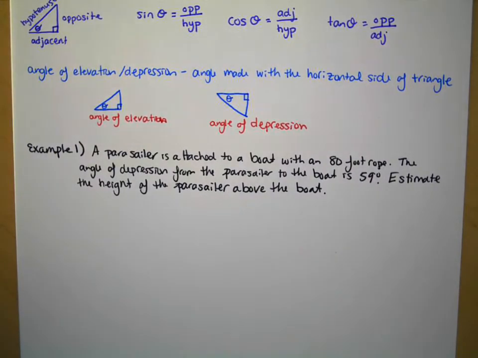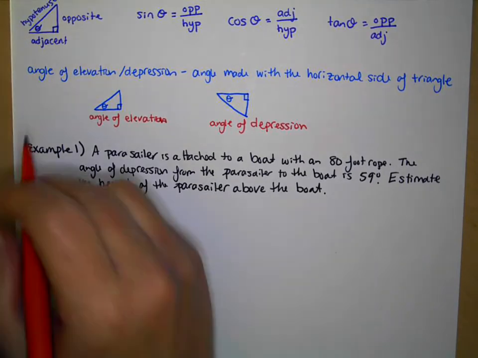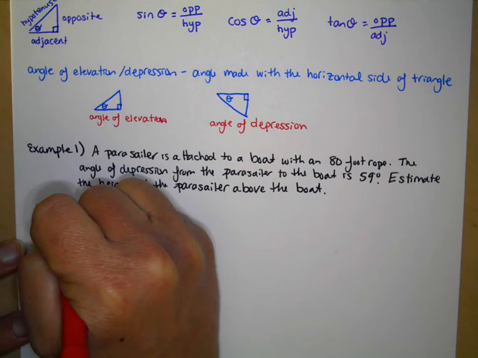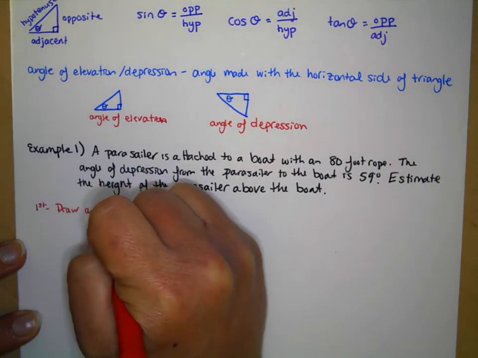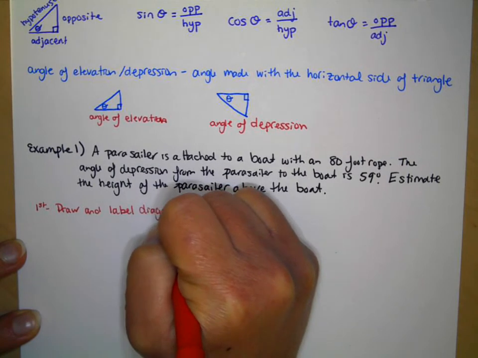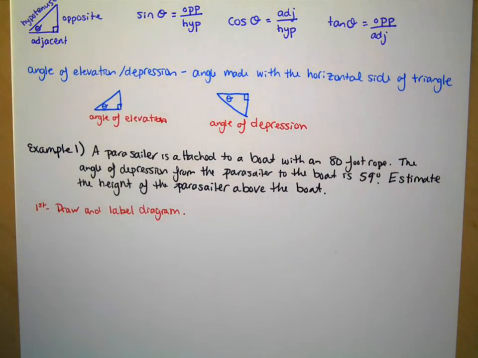The first thing I'm going to do in any word problem is draw and label a diagram. That diagram could just be the right triangle, or you can pull out your artistic skills.